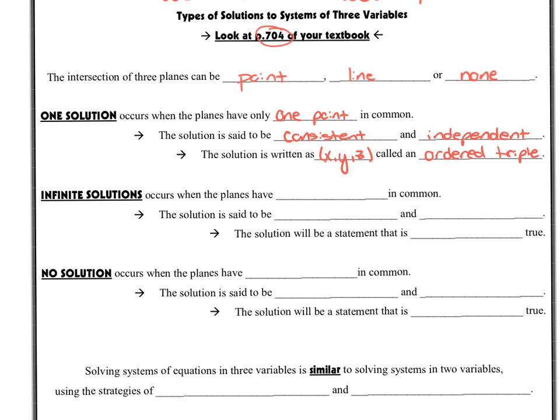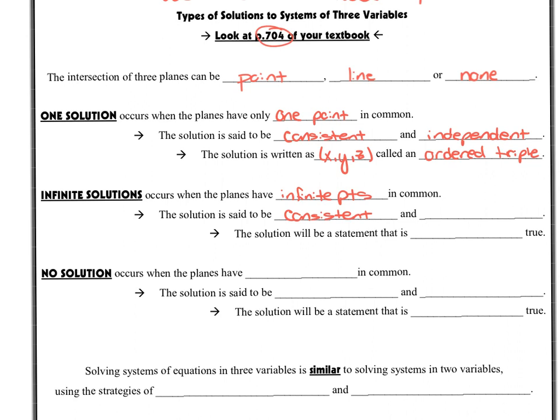Then we're going to have our infinite solutions. So when we have our planes intersect and there's an infinite number of points in common, our infinite solutions would mean they have an infinite number of points in common. That solution is said to be consistent also. Consistent, think of that as meaning there is a solution.